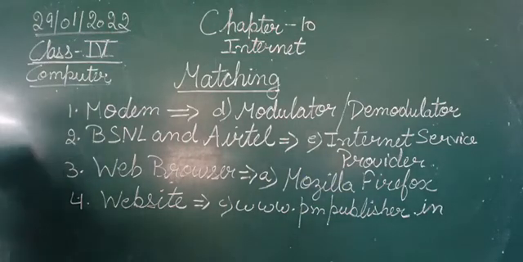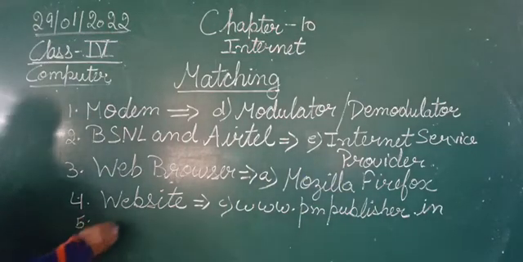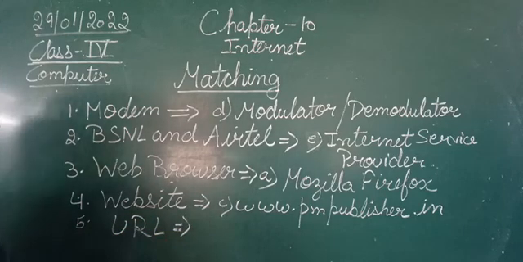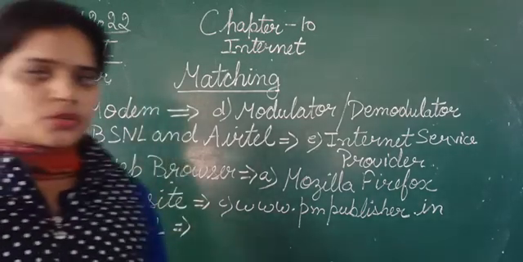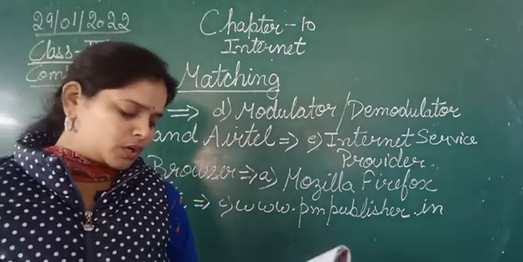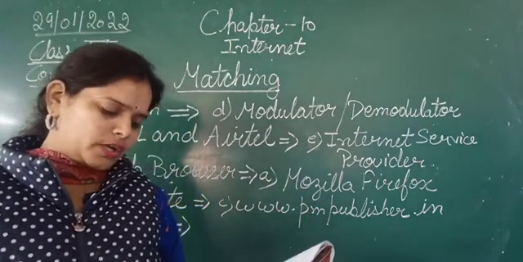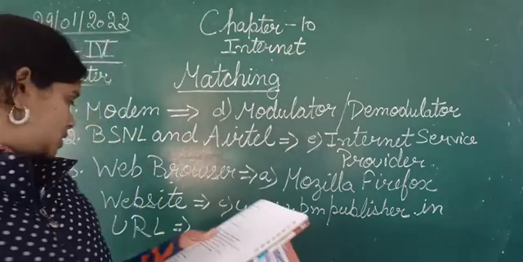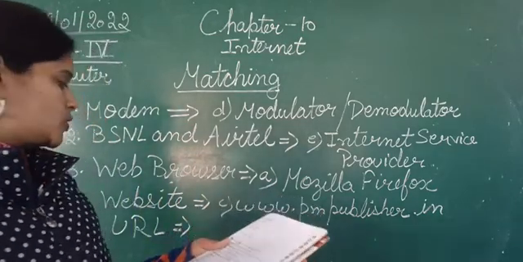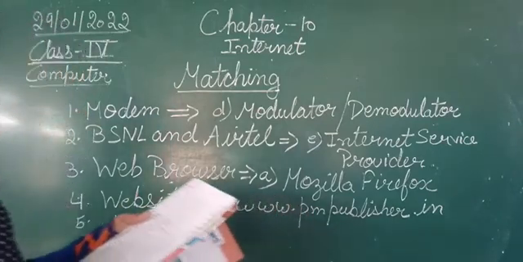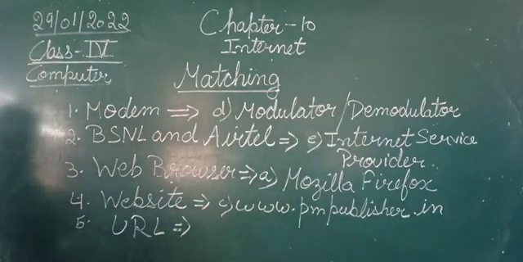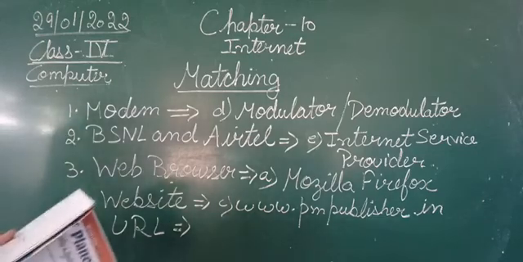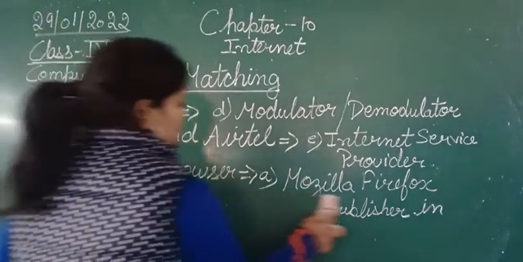Okay. Fifth one, URL. What is URL? The full form of URL is Uniform Resource Locator, as we all know. But from here, what is URL? www.pmpublisher.in is a URL, and a website is a collection of web pages.